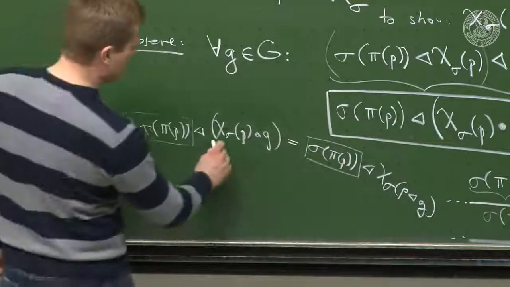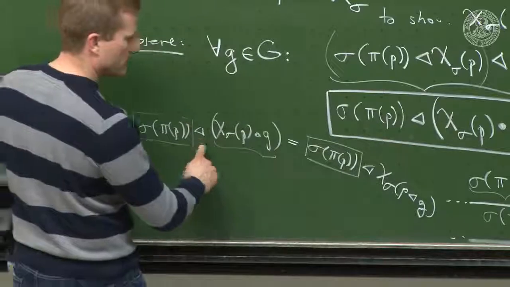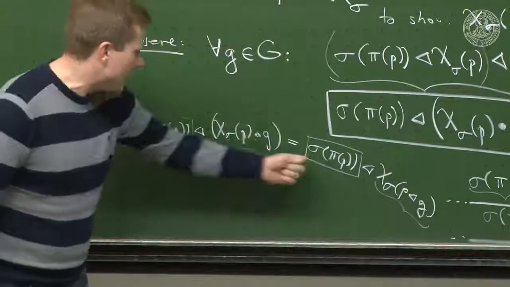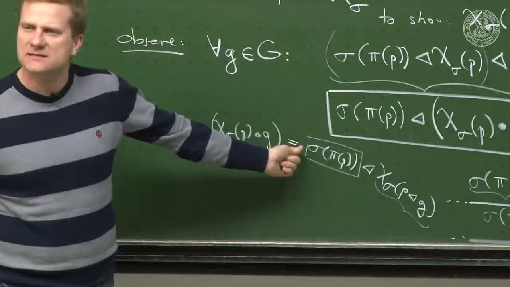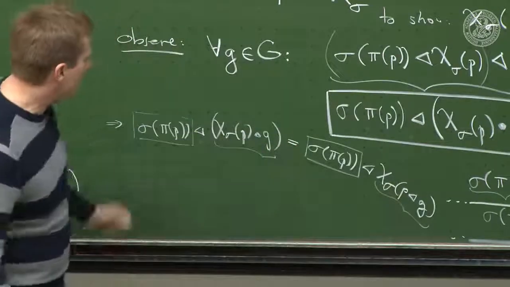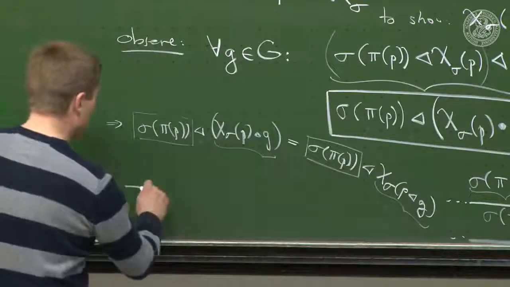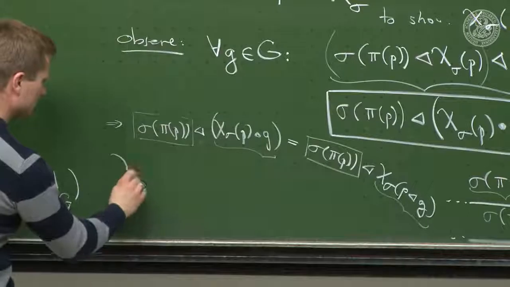And we have an action of a group element on it, and the action of another group element on it, and it acts on the same point, and the result is the same. Now, because the action is free, this can only mean that the two group elements are the same.